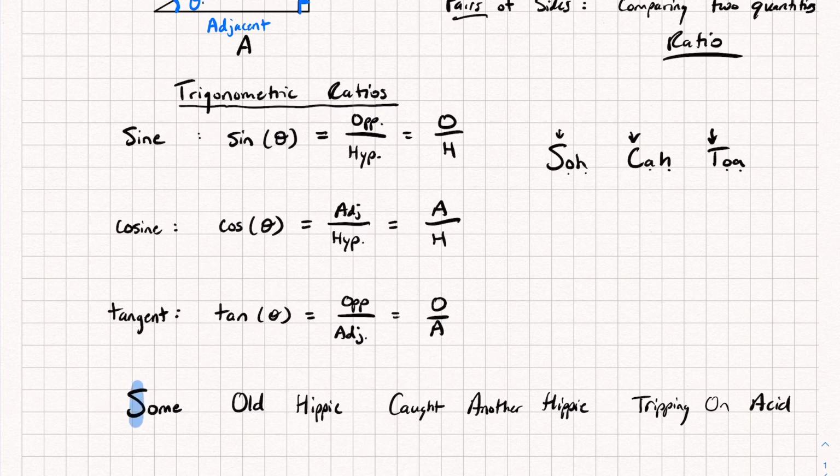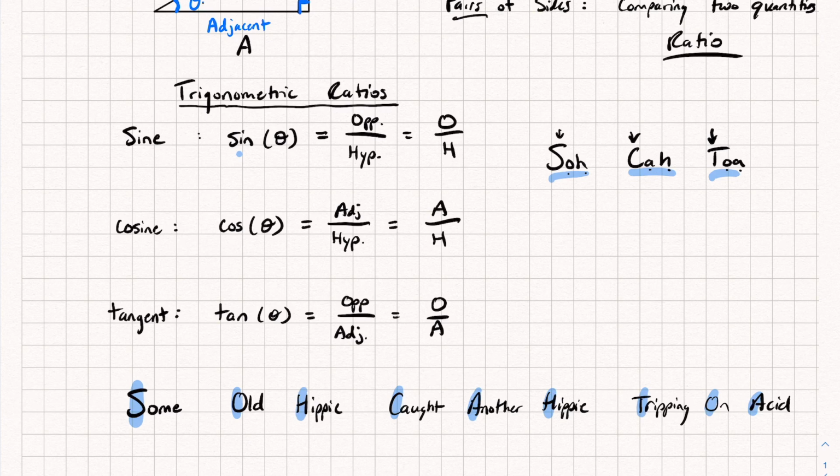And so you can kind of see SOH, there's my so, caught another hippie, there's my ka, and then tripping on acid is my toa. And so it's just a way to help memorize what ratio goes with which trig, sine, opposite over hypotenuse, cosine, etc., all the way through to tangent.